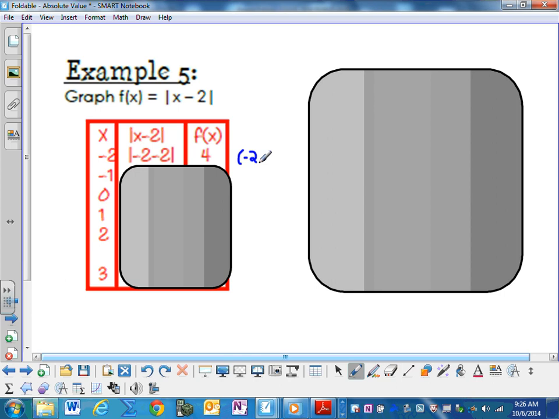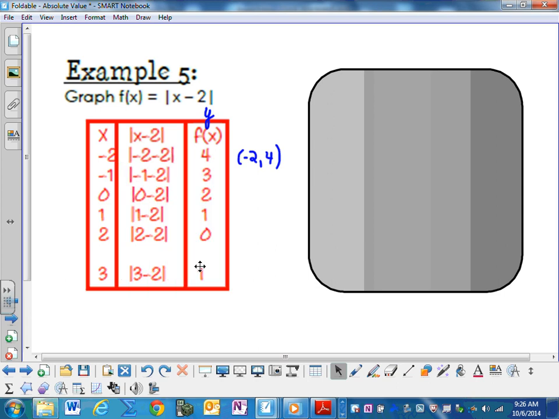Remember, f of x just means y. Let's go ahead and do those. And then go ahead and graph those points.